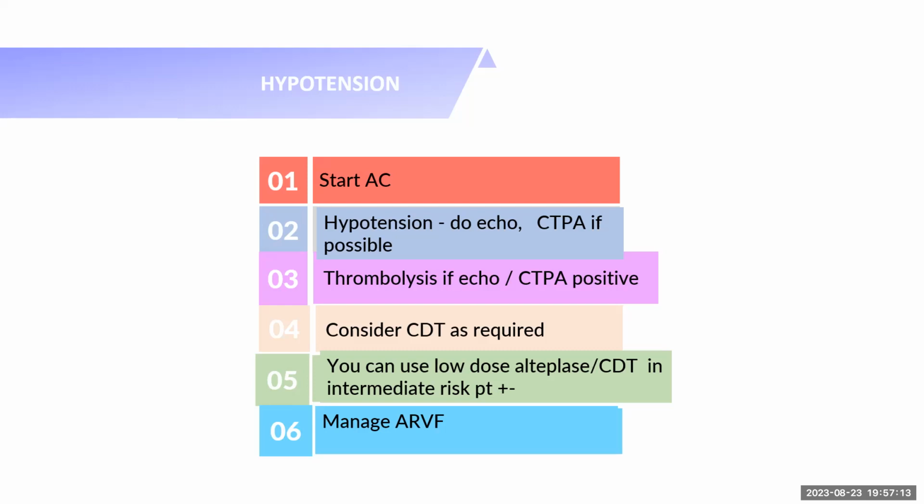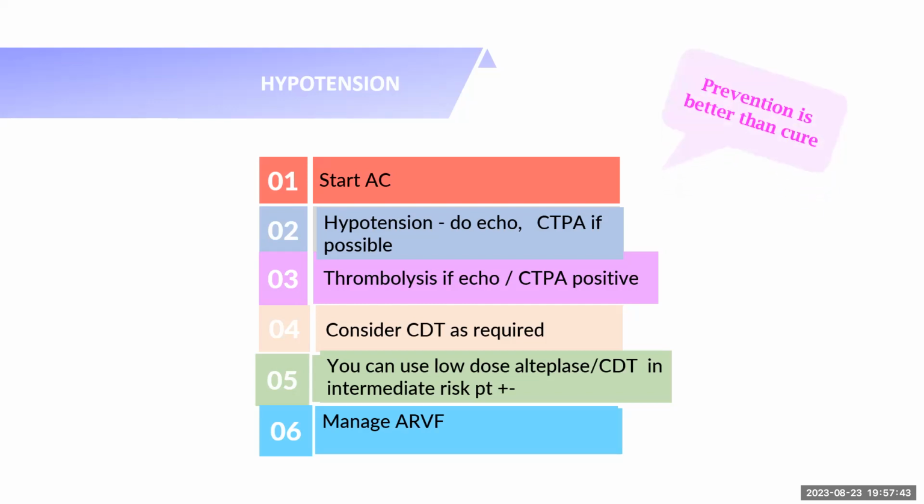If there is hypotension due to pulmonary embolism, try to do a CTPA to confirm the diagnosis if possible, if the patient is shiftable. Thrombolysis, if either echo or CTPA is positive. Consider CDT as required, and you can use low dose alteplase CDT in intermediate risk patients. This is controversial, however, and concomitantly manage acute right ventricular failure.